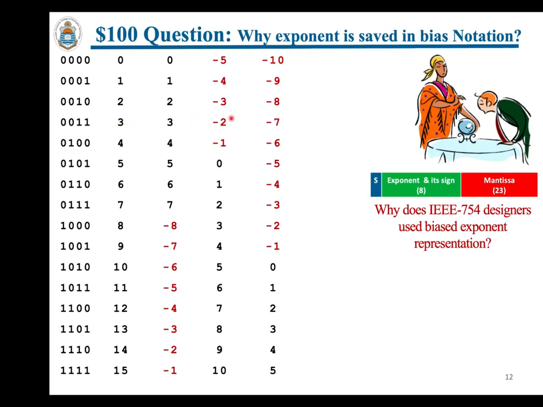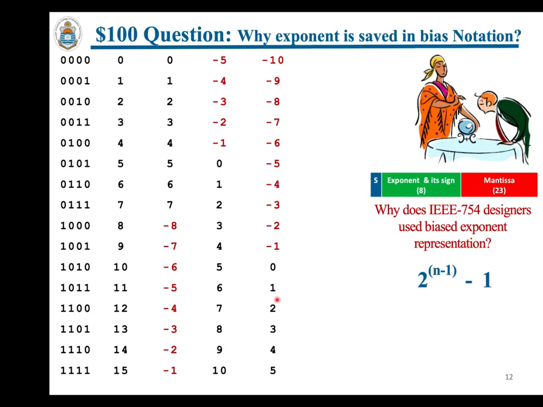From 3, you subtract 10 and you come to minus 7. So this way we have an exponent range from minus 10 to plus 5. That is more negative exponents and fewer positive exponents.